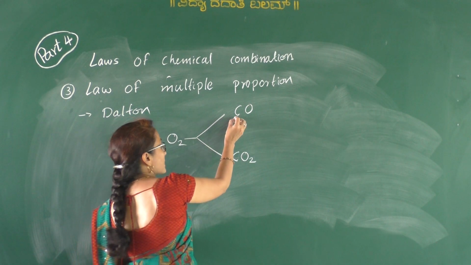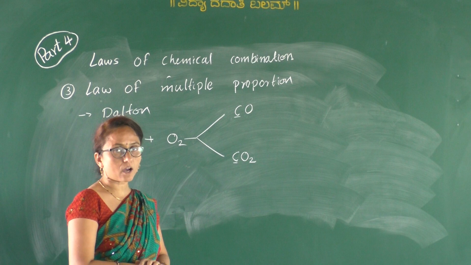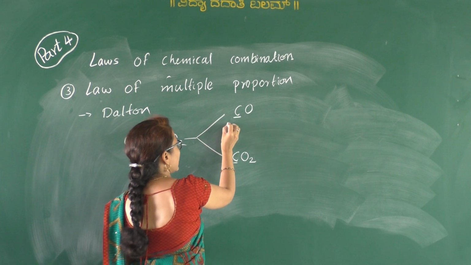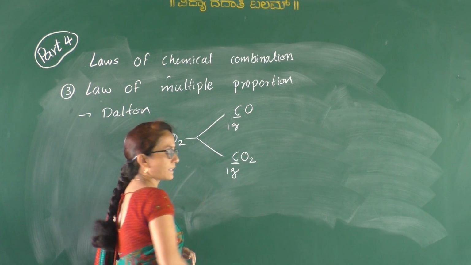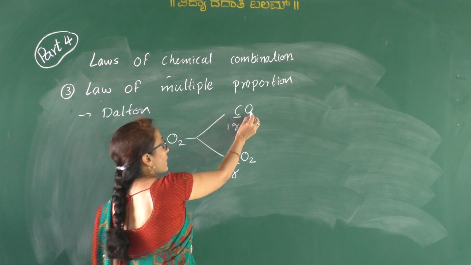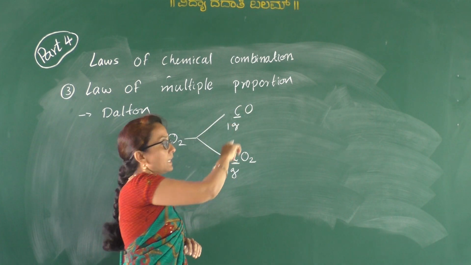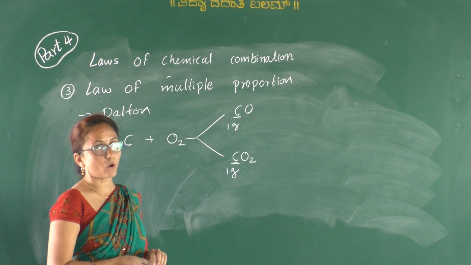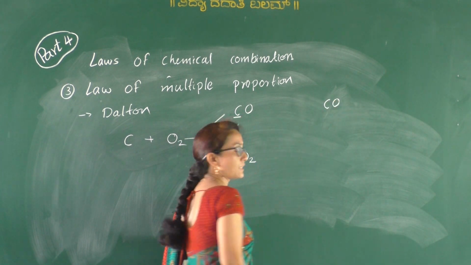Now fix the mass of one element, that is carbon, or you can fix oxygen. You can fix any one. So the mass of carbon is fixed as 1 gram. Now calculate the mass of oxygen which combines with 1 gram of carbon in carbon monoxide as well as in carbon dioxide. So first take carbon monoxide.